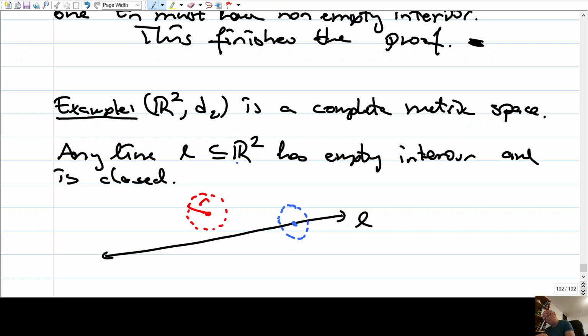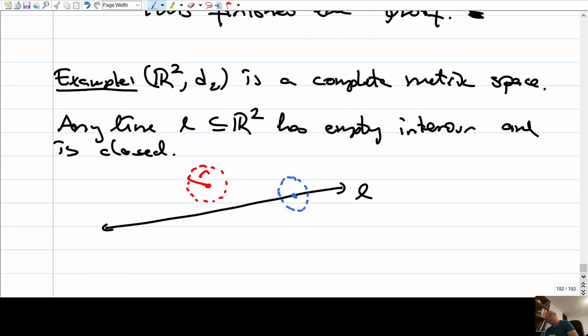So we have this: any L is a closed subset and it has empty interior. Of course, R2 is a complete metric space. Therefore, by the theorem, we see the following.